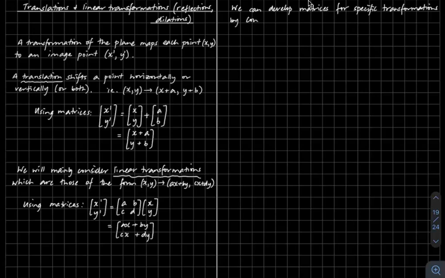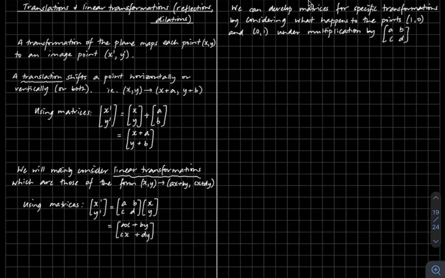We're going to do this by considering what happens to the points 1, 0 and 0, 1 under multiplication by this matrix here, A, B, C, D. So this is the one that we're saying is producing the transformations.